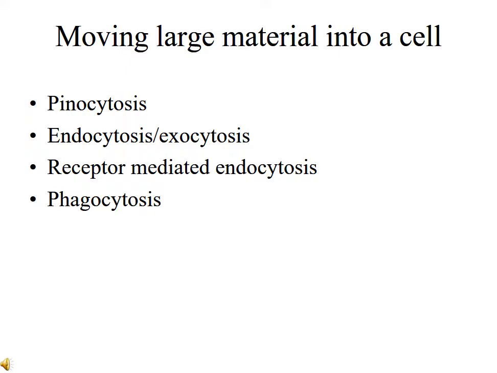Basically, it's the movement of big chunks of material into a cell and out of a cell. A cell sometimes also will work through receptor-mediated endocytosis, and sometimes a cell will just go and engulf a complete bacteria all at once, and we refer to this as phagocytosis. Now, let's discuss each of these for a moment.